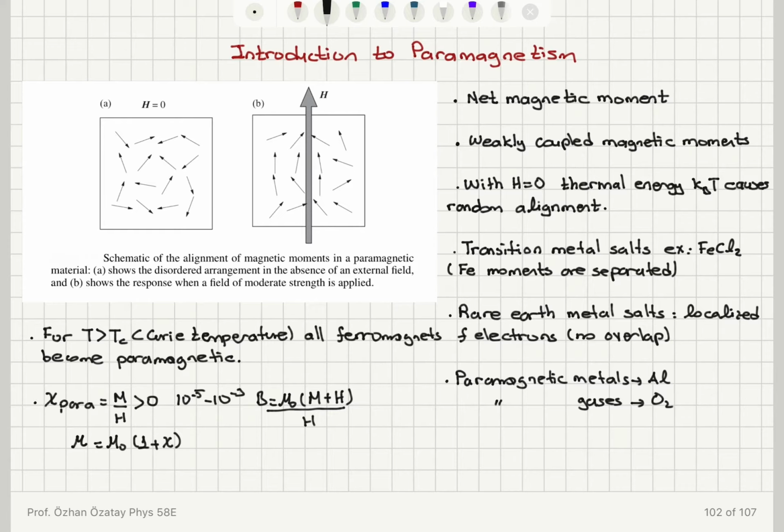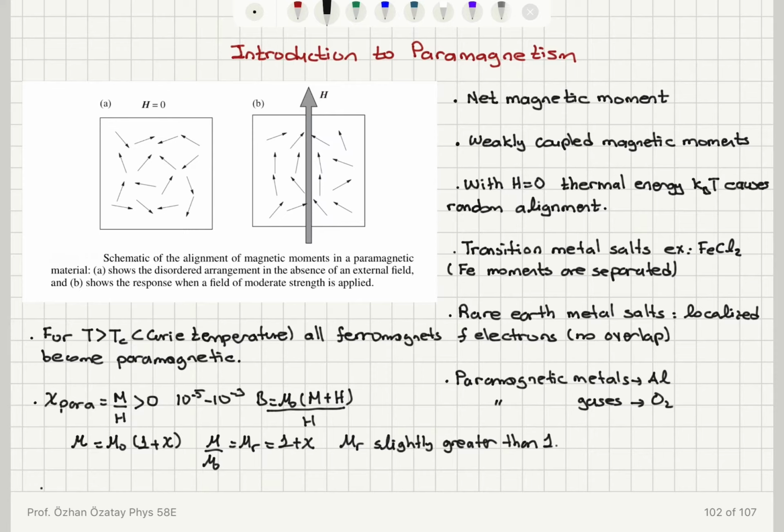So mu divided by mu 0, the relative permeability, is 1 plus chi. Since chi is slightly greater than 0, the relative permeability is slightly greater than 1 in this case.